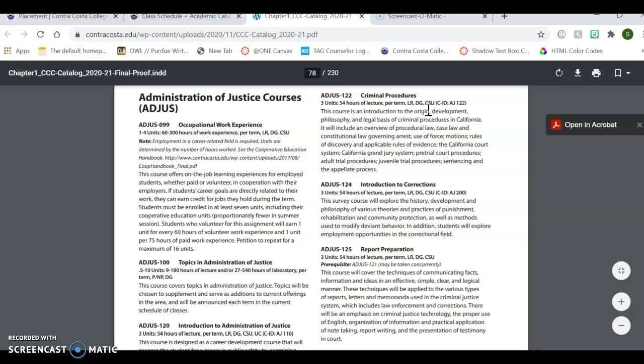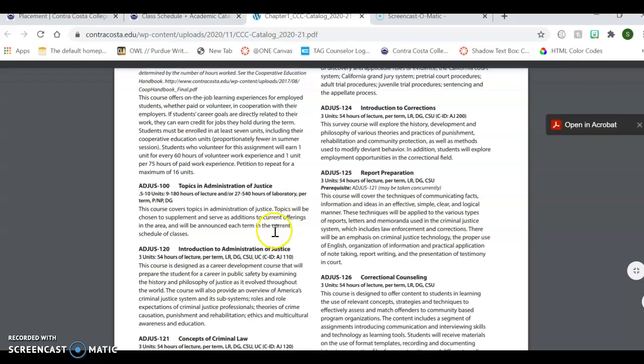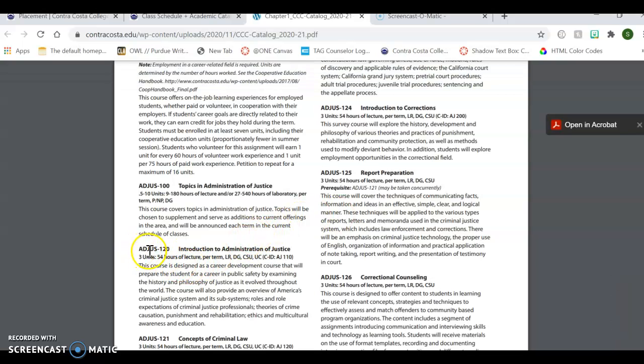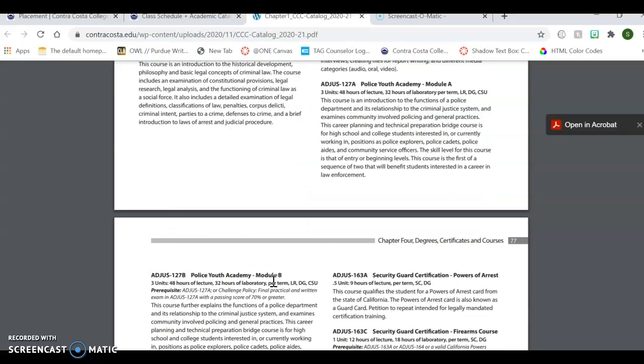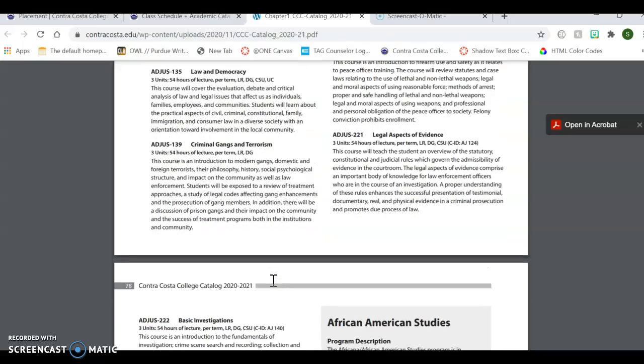Now, if you're interested in a UC and you're looking for, say, just an elective class, something to just fill your schedule, this might not be the course for you because it doesn't transfer to a UC. But if you scroll down and we look at this AHS 120 here on the left, you can see this one does transfer to a UC. So those are just some really small fine print notes that you want to take care of, but also you can always check in with a counselor and we can always help you further understand some of those courses that you might be selecting.